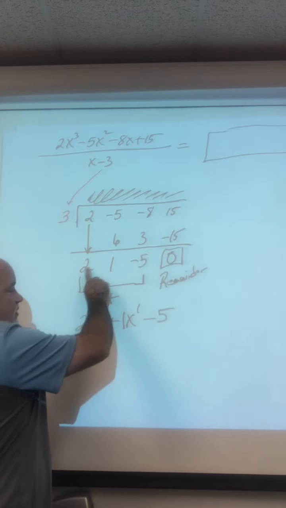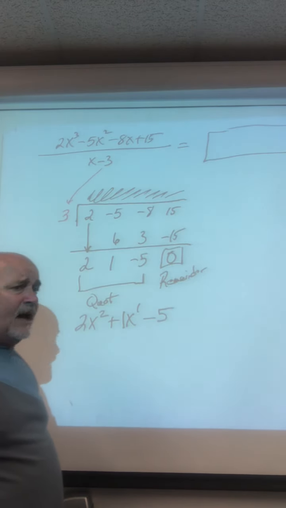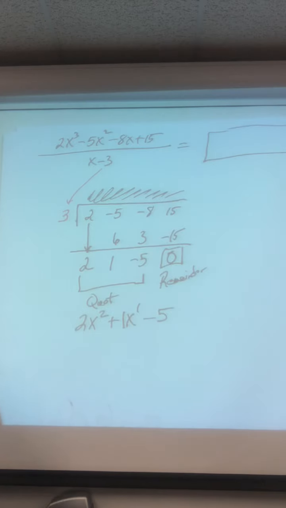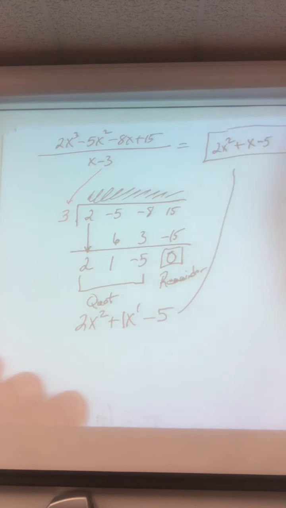So this is x squared, x, and then constant. Now I'll show you what to do in just a few minutes when there's a remainder. So that is this answer right here: 2x squared plus, and you don't have to put that 1x to the first, you can just write x, minus 5.